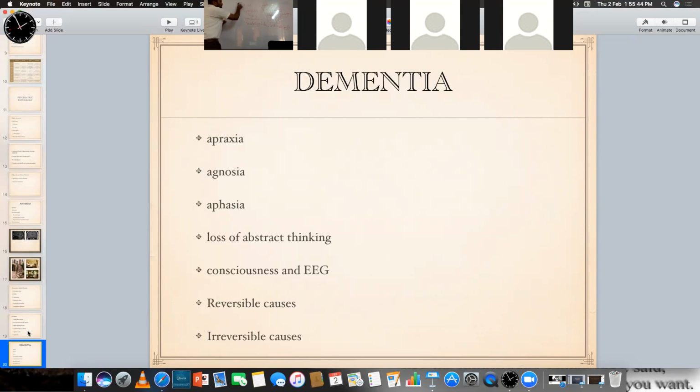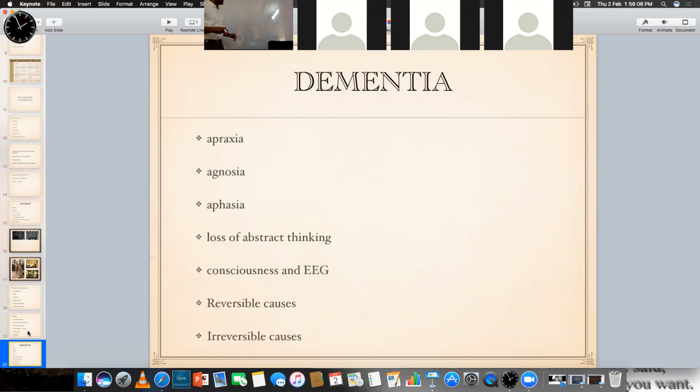No, it's Pick's. Niemann-Pick disease is a little different. Pick's disease is different. We'll talk about it in the neurology section. Okay, there's Pick's disease, CJD, frontotemporal dementia with disinhibition.